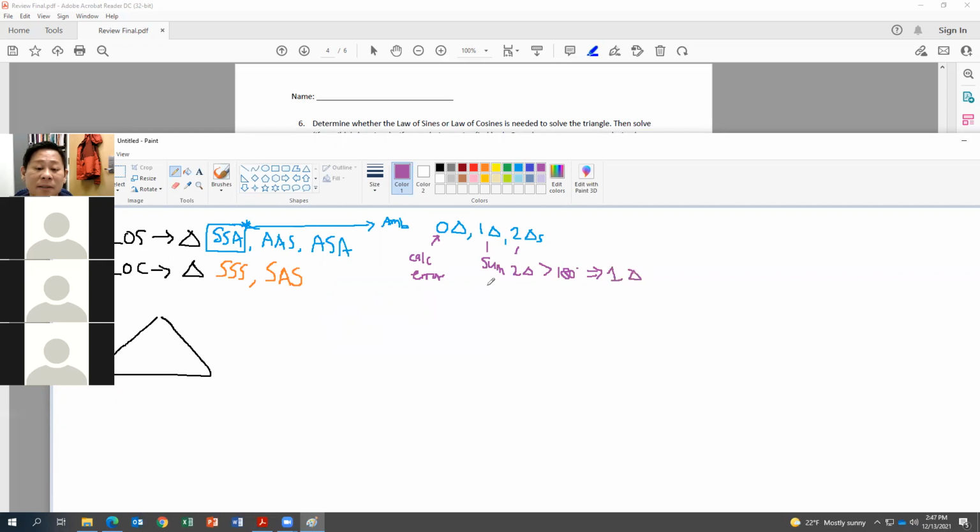What happens if the sum of these 2 angles, not 2 triangles, the sum of 2 angles is less than 180 degrees? Then you will get 2 triangles. Okay, we'll talk about this case in question 6.